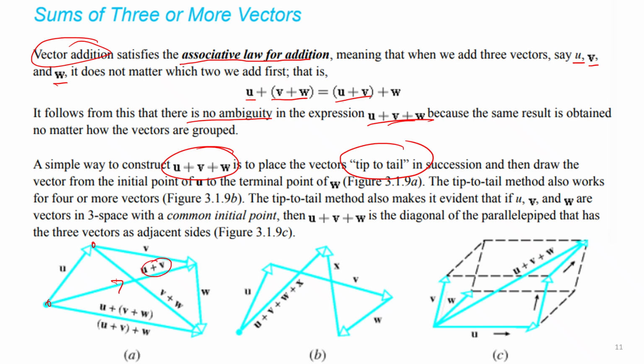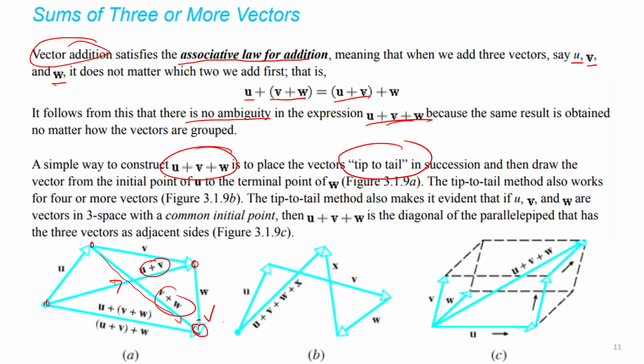And then you add w, so put the tail of w on the tip of v, and then you have v plus w here, so the end result will be here. Either way, whichever you do first, the end result is still the same vector. So that's about the sum of three vectors or more.